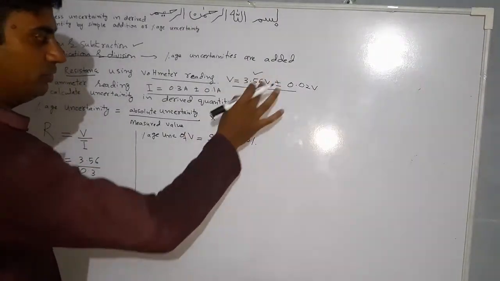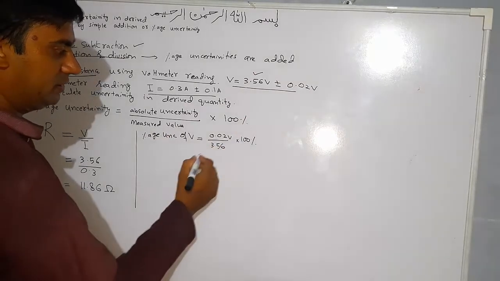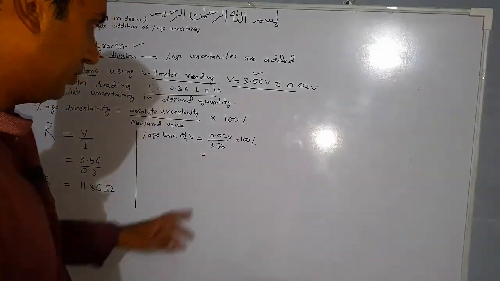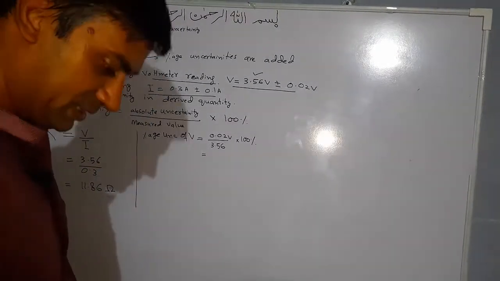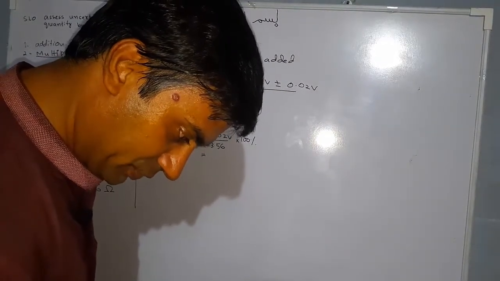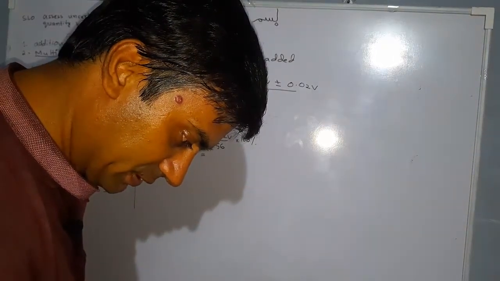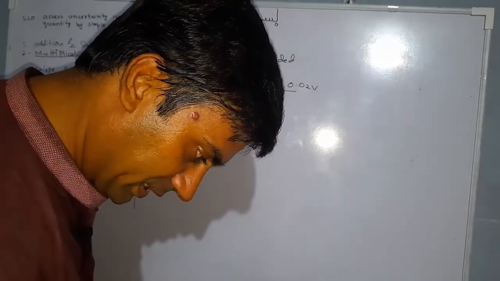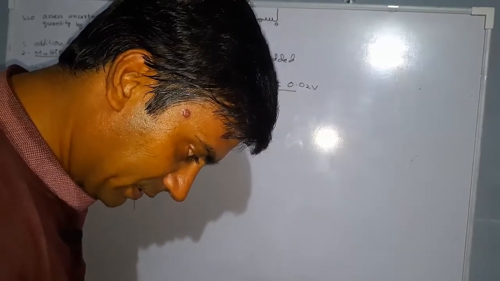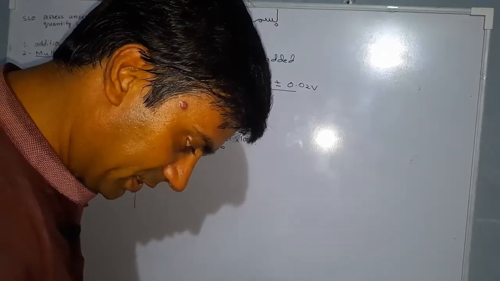The measured value of the voltage is 3.56. So the percentage uncertainty for the voltage is 0.02 divided by 3.56. After dividing, we get 0.0056, multiplied by 100.